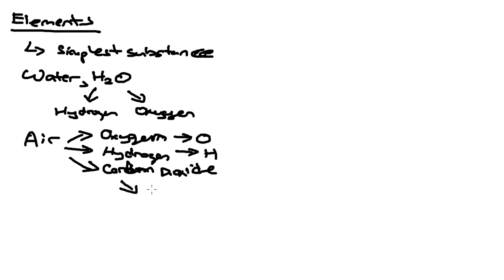But carbon dioxide is actually a compound that we'll go through later, and it has the symbol CO2. So you can see that carbon dioxide is not an element. So air, which is not an element, is made out of different gases, not all of which are elements. Carbon dioxide is made out of carbon, which is an element, and 2 units of oxygen, which is also an element.